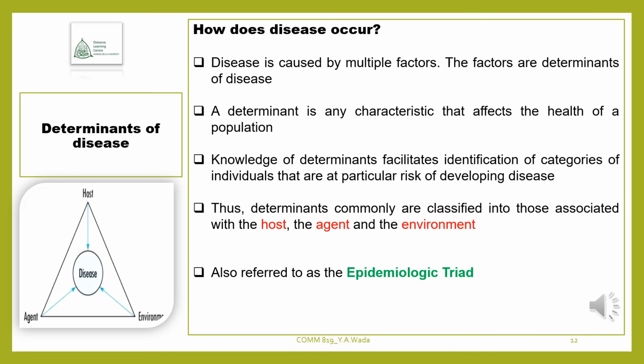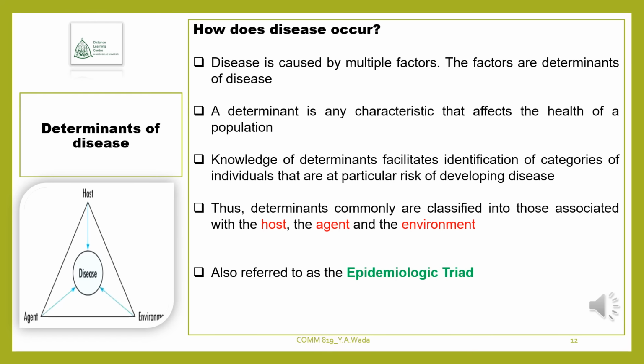A determinant is any characteristic that affects the health of a population, and usually knowledge of these determinants helps us to identify the categories of individuals that are at particular risk of developing a disease. Determinants are usually classified as those of the host, the agent, and the environment.